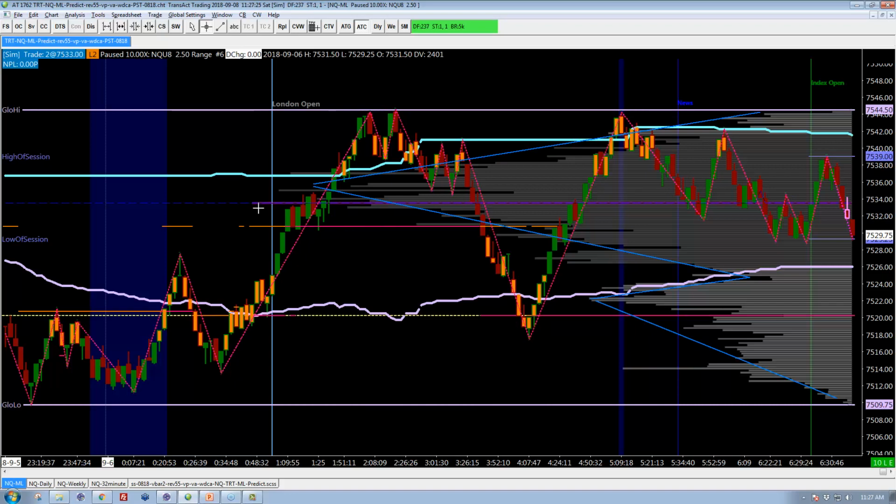If you look at this blue line here, you can see it's tracking the edge of the value area. Down here, we're tracking the edge of the low value area. And what you see is the market rallied up to the high value area, and that's where it stopped. And it came back down to the low value area, back up to the high value area.